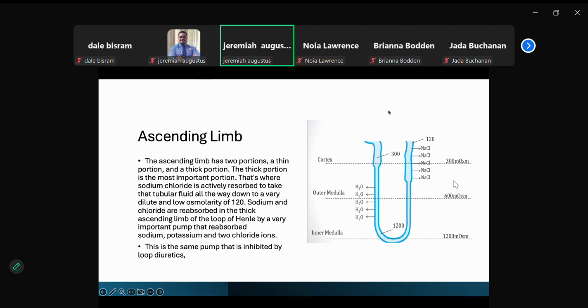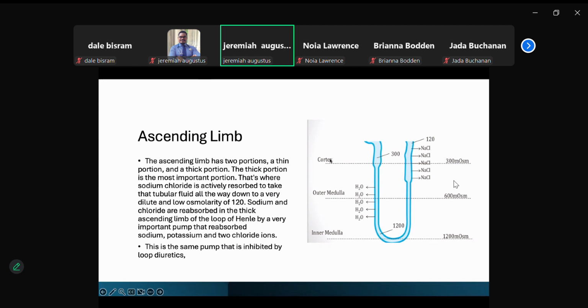In the thick portion, it's important that sodium chloride is actively reabsorbed to take the tubular fluid from very concentrated down to a low osmolality of 120. Sodium and chloride are reabsorbed in the thick ascending limb and pumped back. Loop of Henle, very important: pump, absorb.